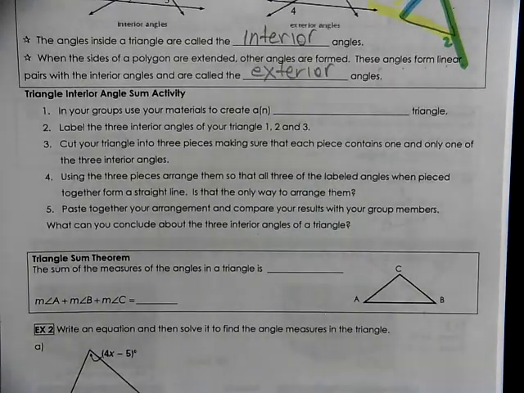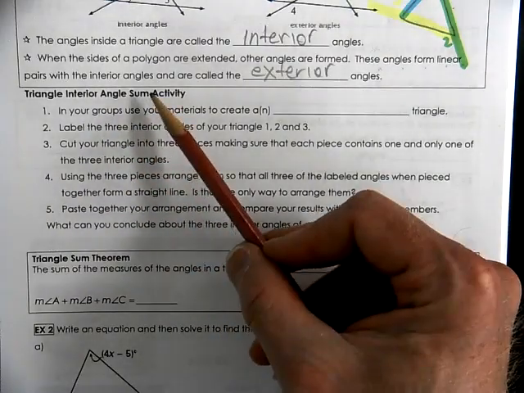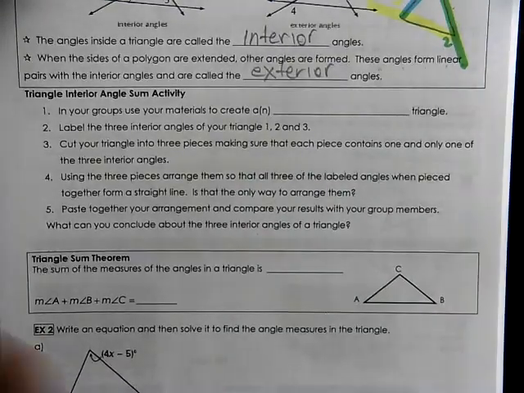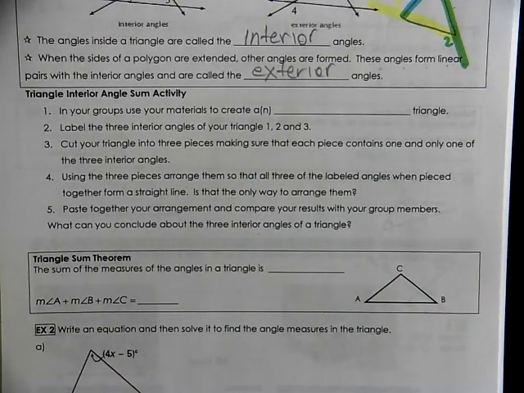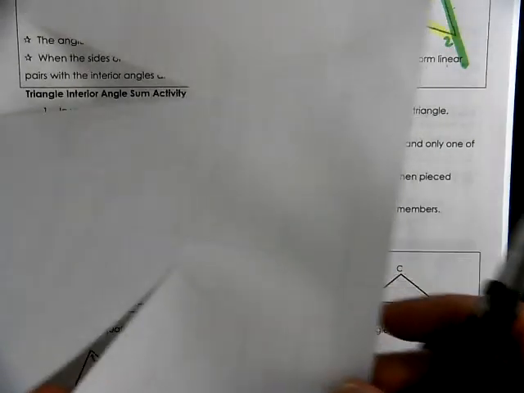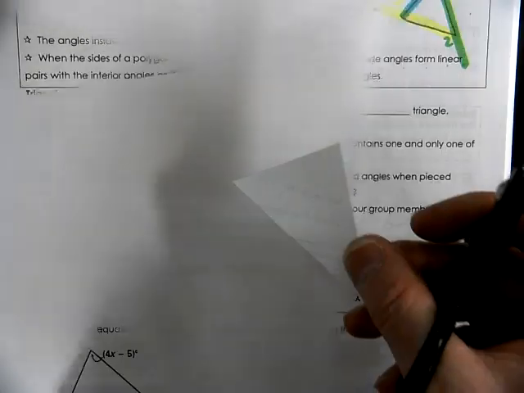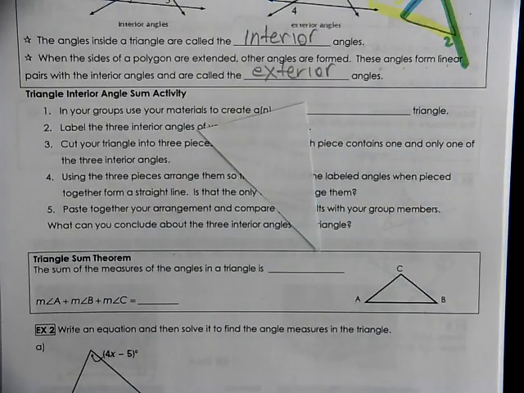All right. Here's an activity that we can take a look at. You are welcome to cut a triangle. Any type of triangle you wanted to cut, doesn't matter what type you cut. So I chop that one down.